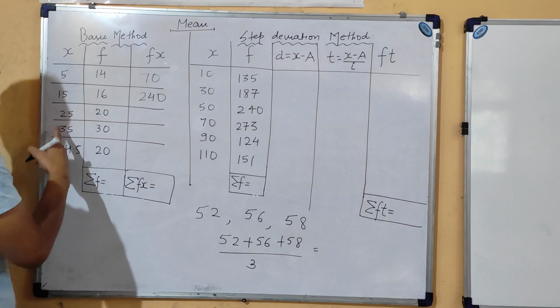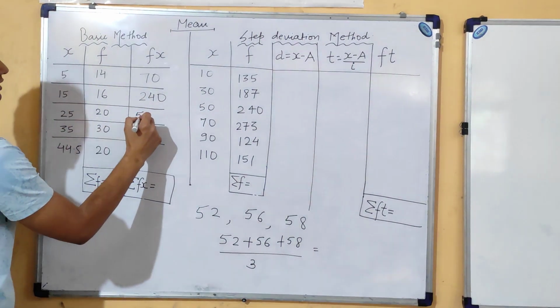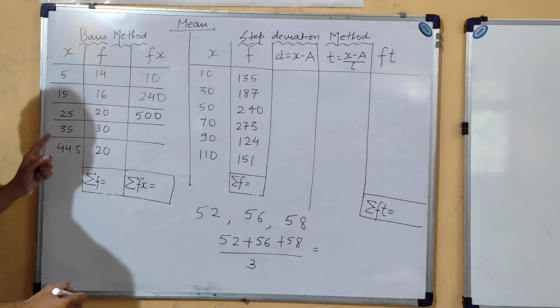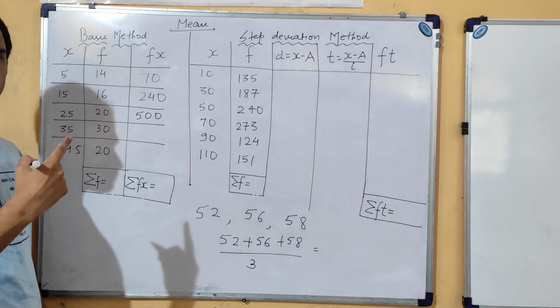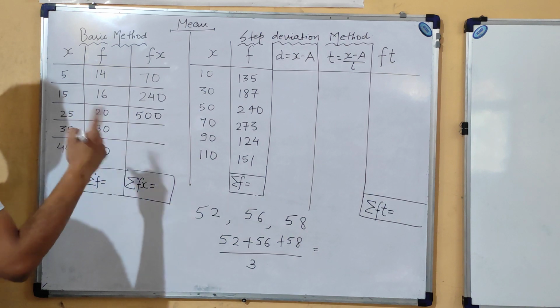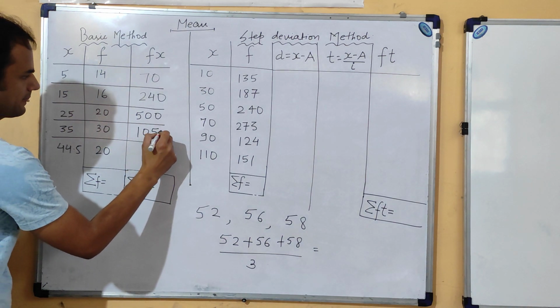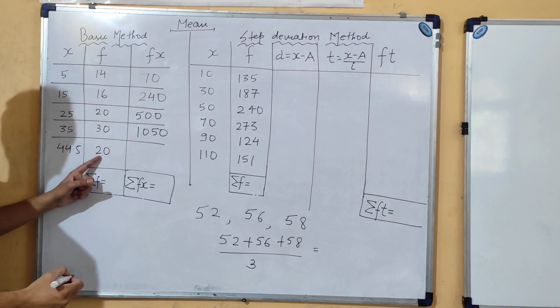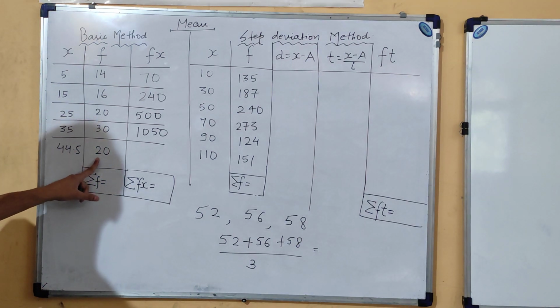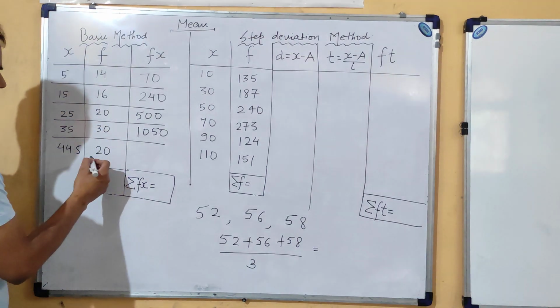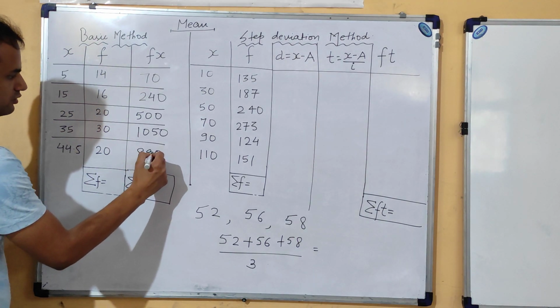What is 20 into 25? This is 500. What is 35 into 30? 35 into 3 is 105, and you add 0, so it becomes 1050. 44.5 into 2 is 89, and you add 0, so 890.